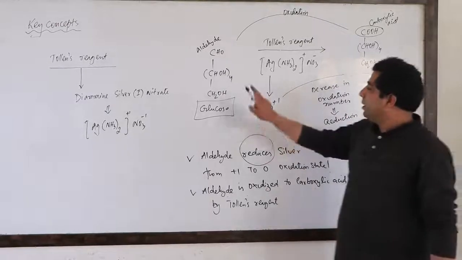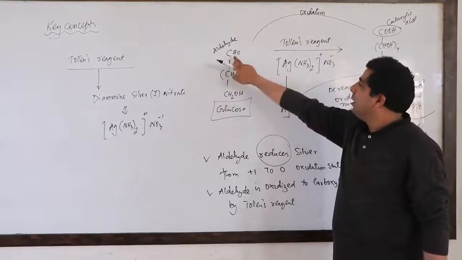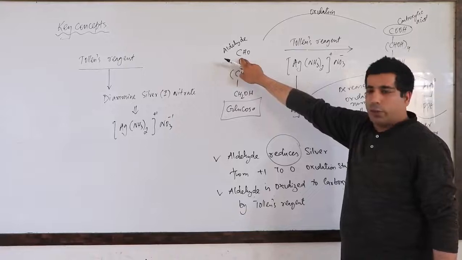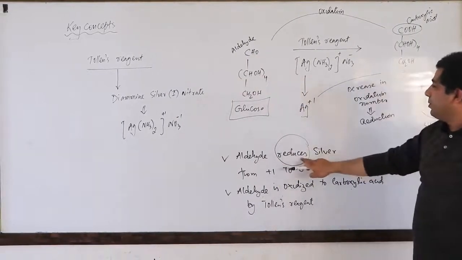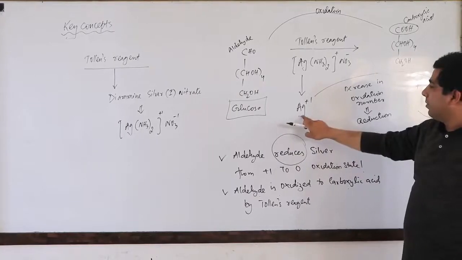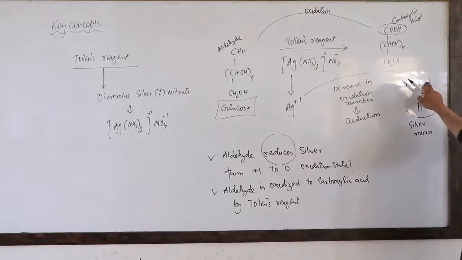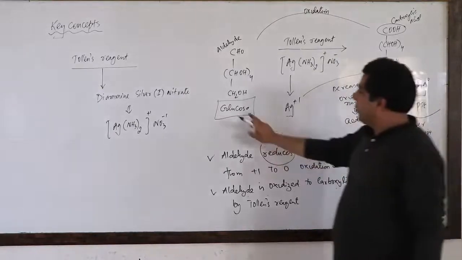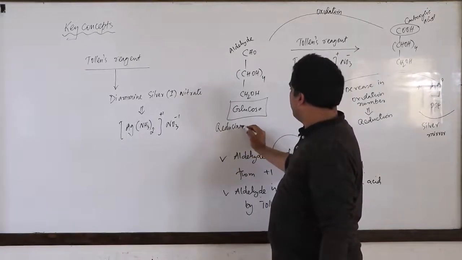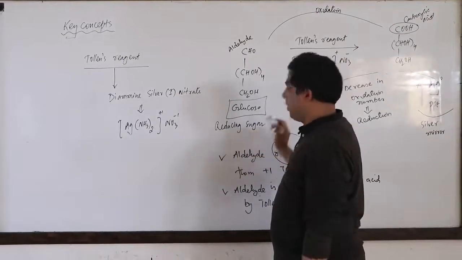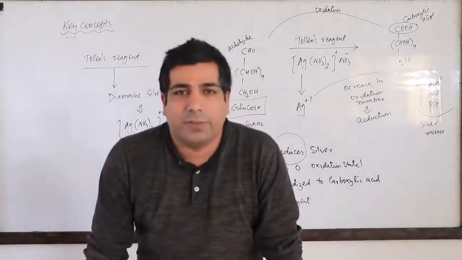Second factor, this glucose, the aldehyde group I mean to say, not the entire glucose, the aldehyde group of glucose, this one, will reduce silver from +1 to 0 oxidation state. So this glucose will become our reducing sugar because it has reduced the silver from +1 to 0.